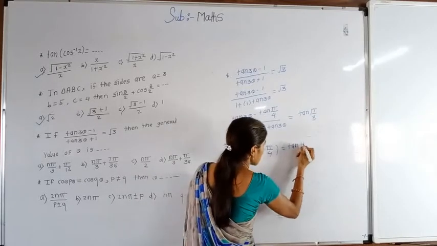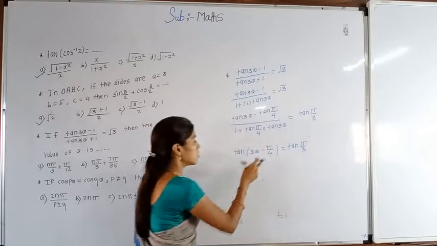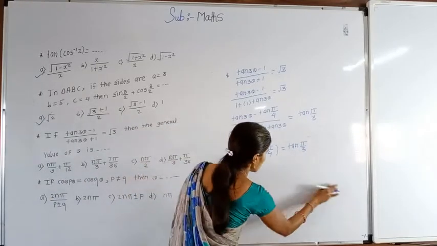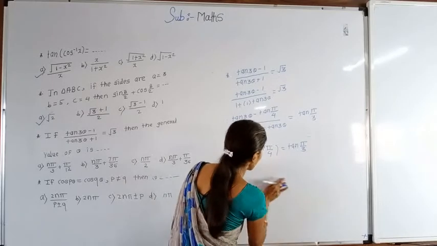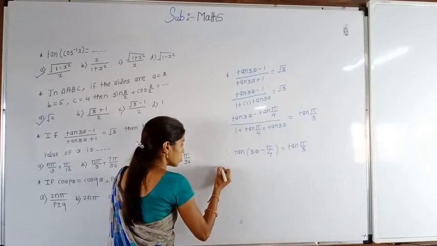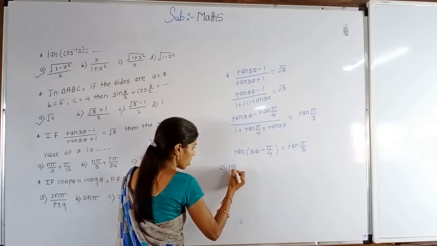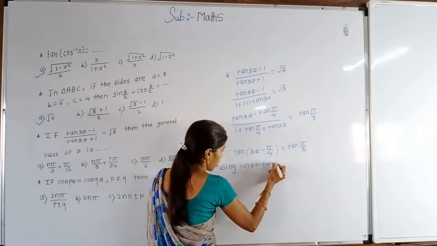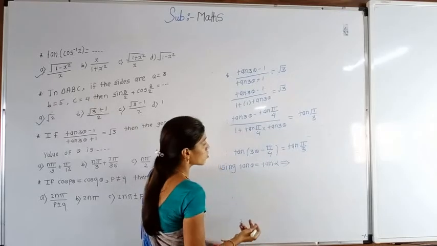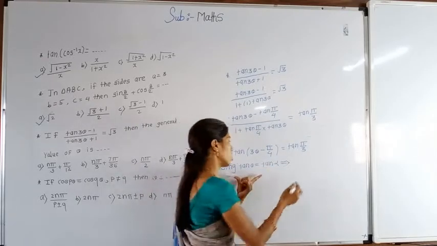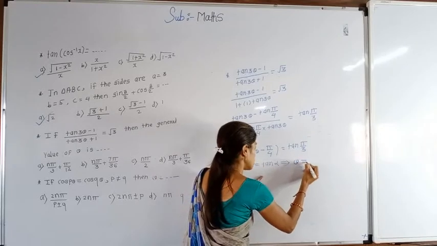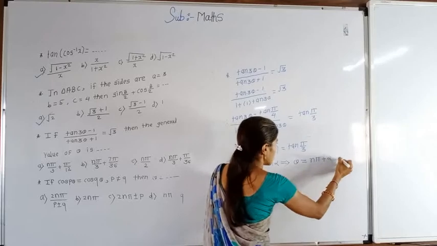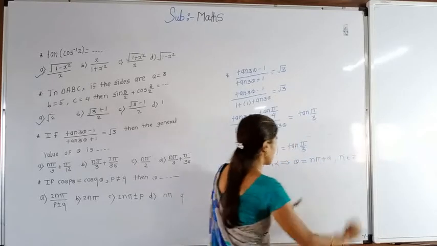So tan pi by 3, and we know that it is the standard equation of a trigonometric function. So we know that the solution of this equation, using the result tan theta is equal to tan alpha, gives theta is equal to n pi plus alpha, n belongs to the integer number set.